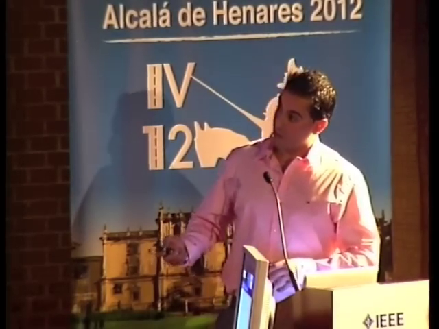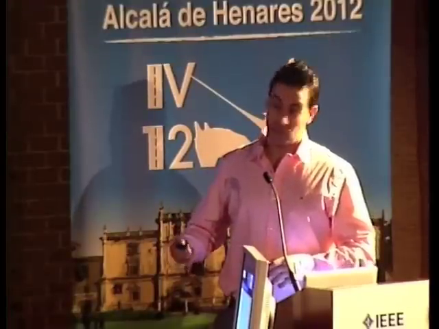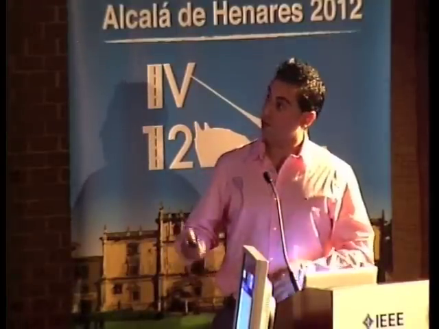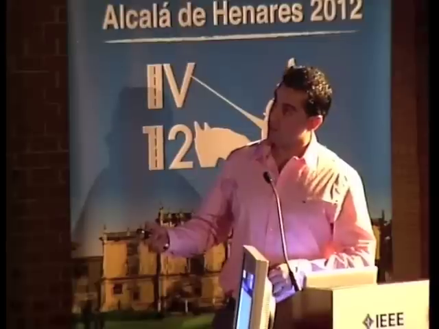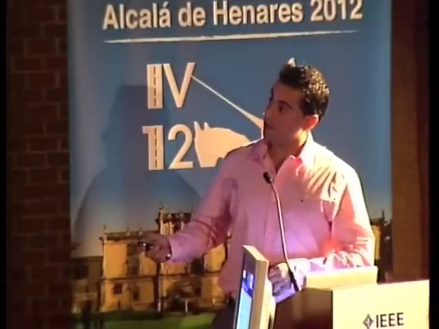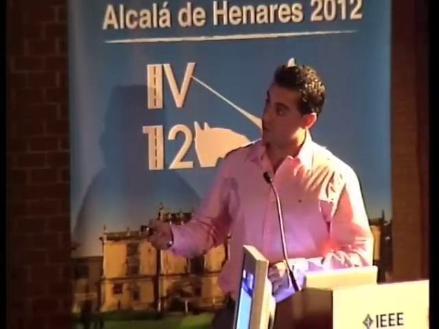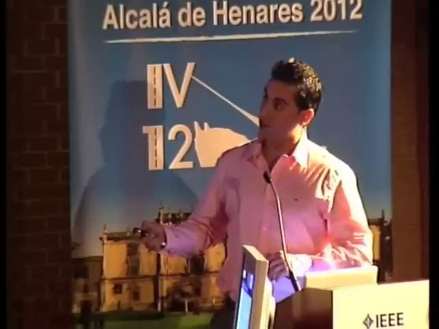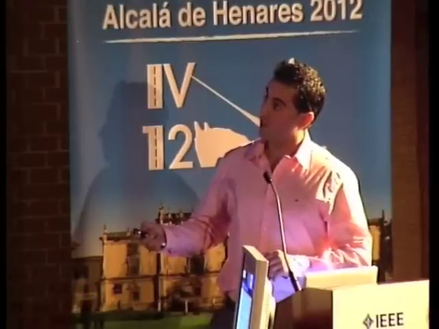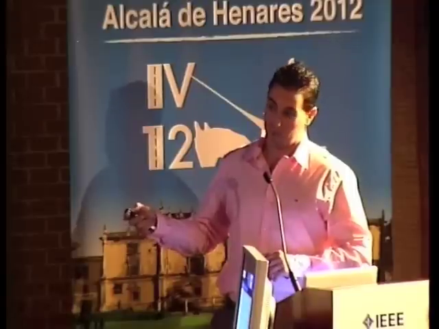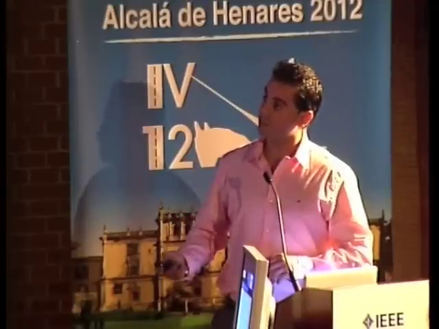Well, if the number of sources is lower than or equal to the number of microphones, we can invert this matrix and estimate the original sources from the recordings, where the W matrix is the pseudo-inverse of the original mixing matrix.